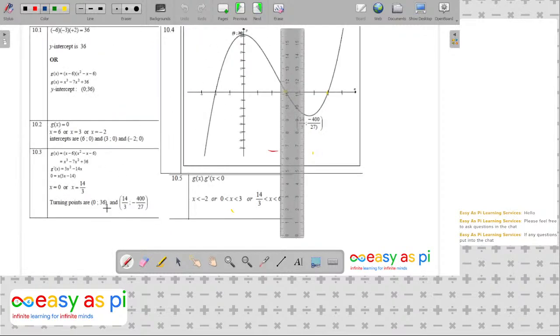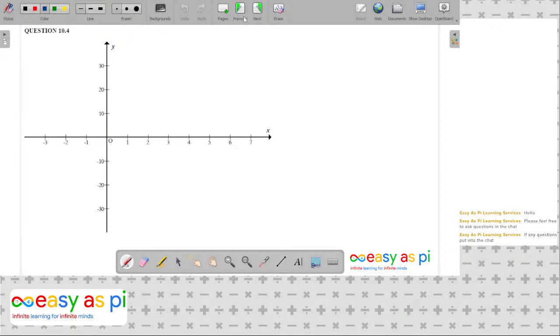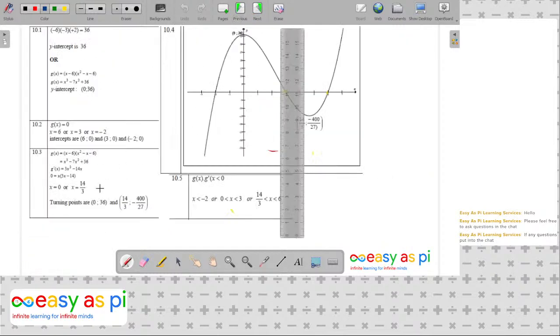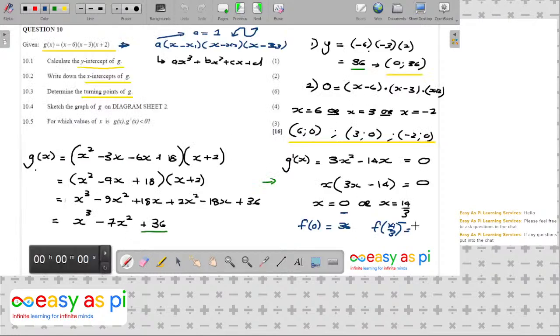But f at 0, we know is 36. And f at 14 over 3, what is it equal to? Well, it's equal to minus 400 over 27. So we now have the turning points.